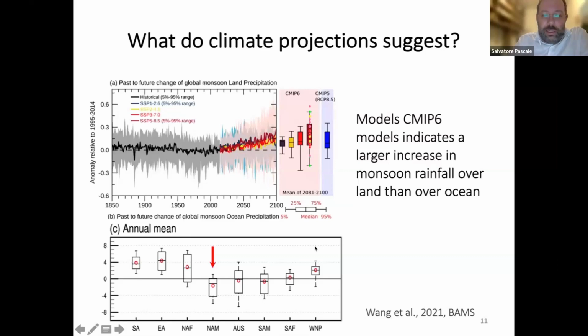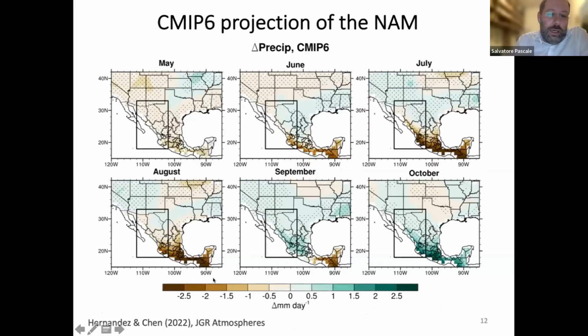Let's see that a little bit more in detail, and let's look at the spatial patterns. So this is an updated projection from CMIP6, from 2022. And looking at that, we can see that the overall small reduction, which is also projected by models, mostly arises in the southern part of the region, so basically Central America, okay?